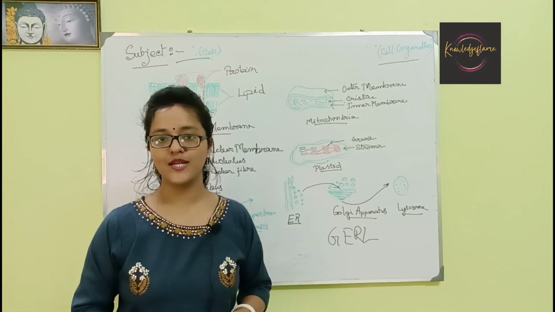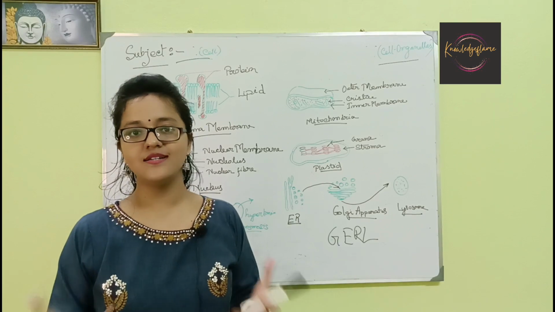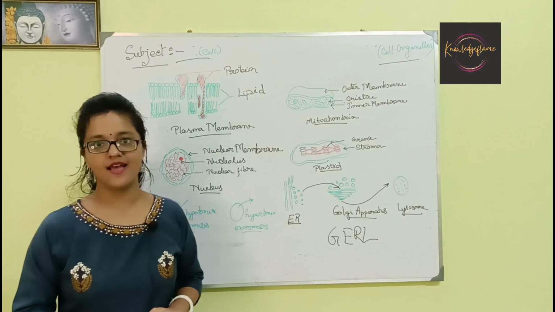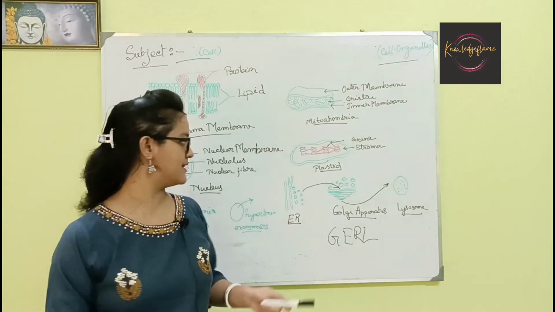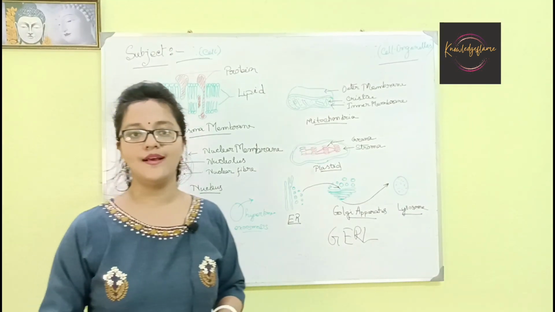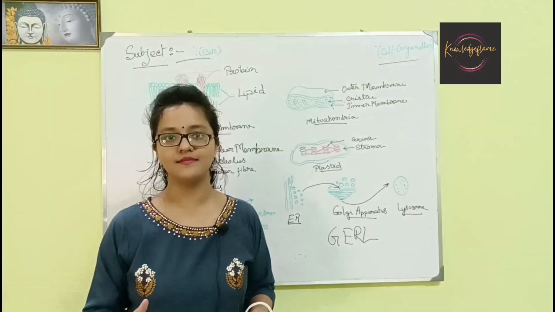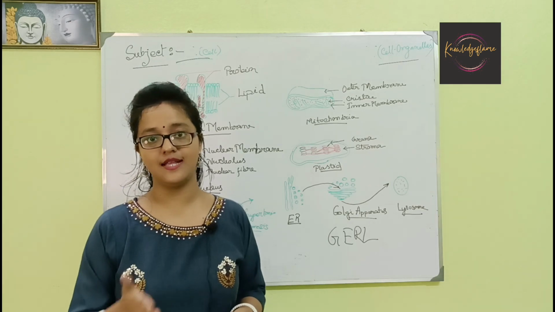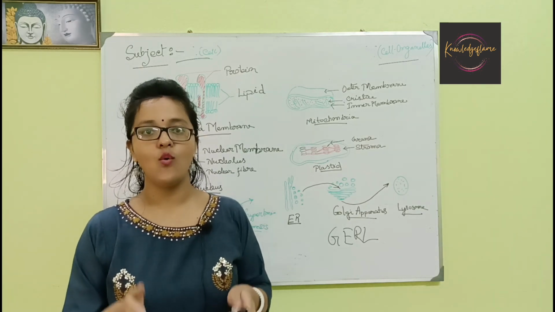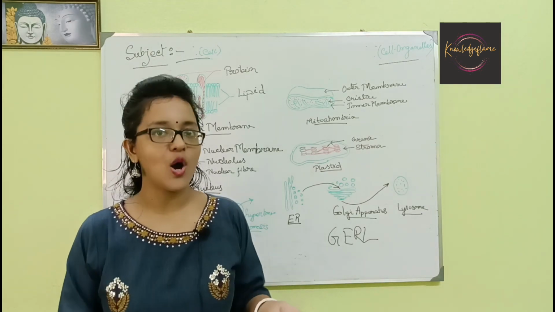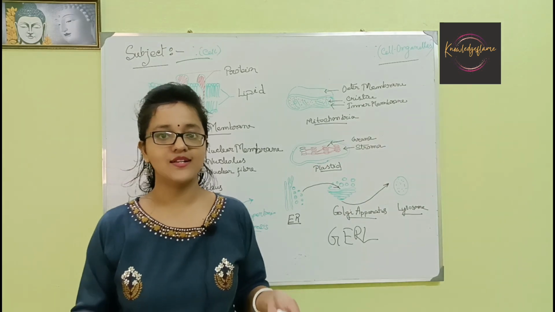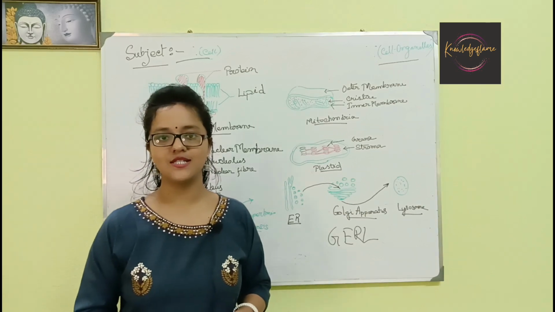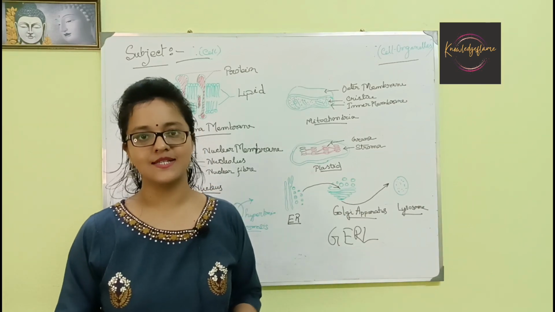So the cell, engulfing water, bursts, and on the other hand, if the cell is placed in a hypertonic solution, where the water is in less concentration outside and high concentration inside the cell, water expels out through the cell membrane, so exoosmosis occurs, and after exoosmosis the cell shrinks.